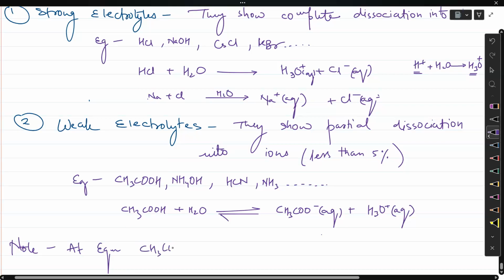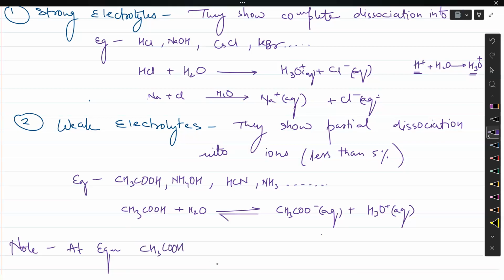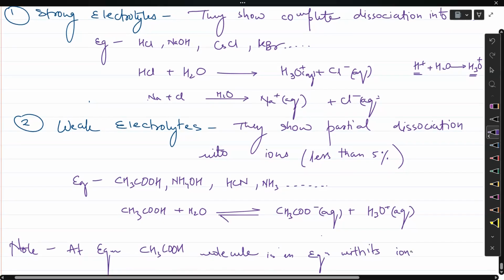Yes, sir. At equilibrium, the CH3COOH molecule is in equilibrium with its ions. Hopefully, this is clear to you. ठीक है जी? Yes, sir.